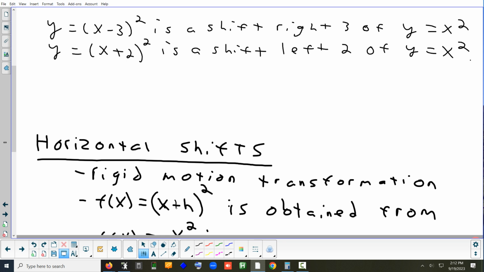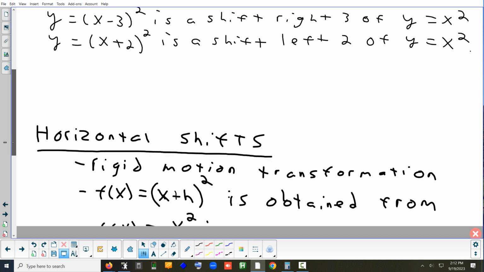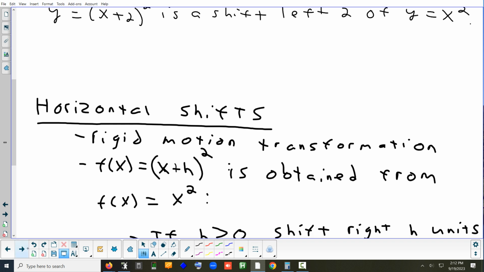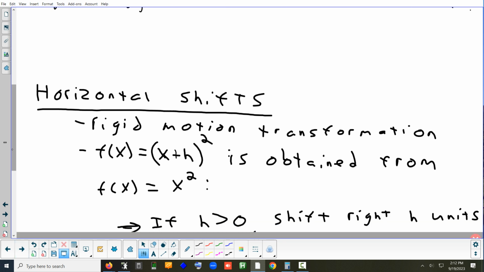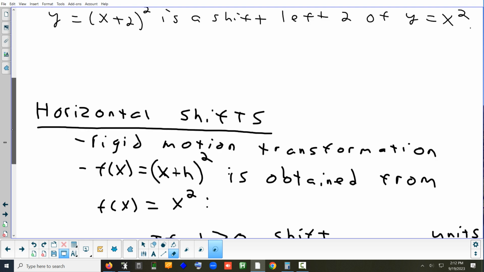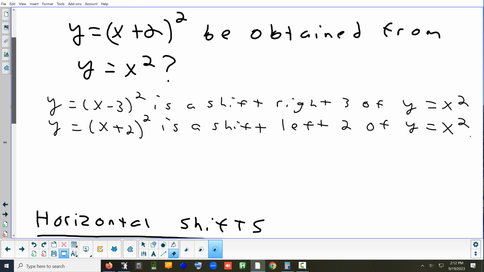So if you have a graph that you've added a number inside, if the value is greater than 0, so like x plus 2, x plus 5, something greater than 0, which way does a plus shift the graph?